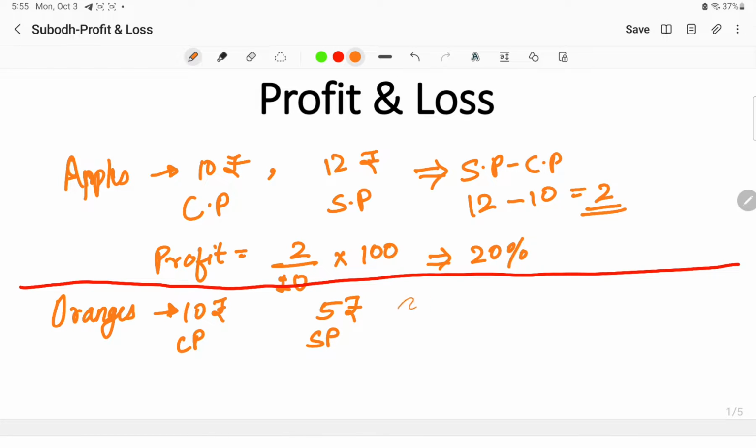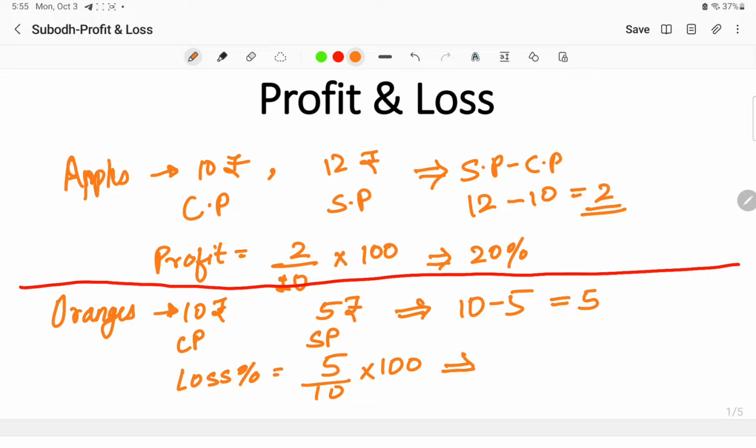So here you can clearly see that there is a loss. So cost price minus selling price, 10 minus 5, that is 5, and for loss percentage, 5 upon 10 multiplied by 100. So here it is a loss of 50%.